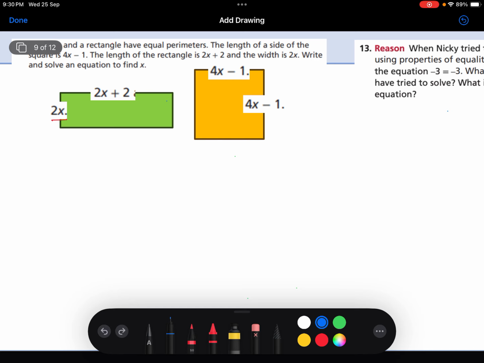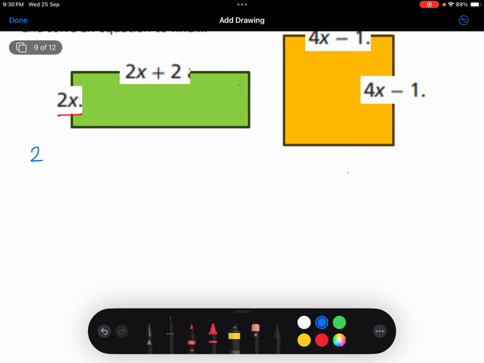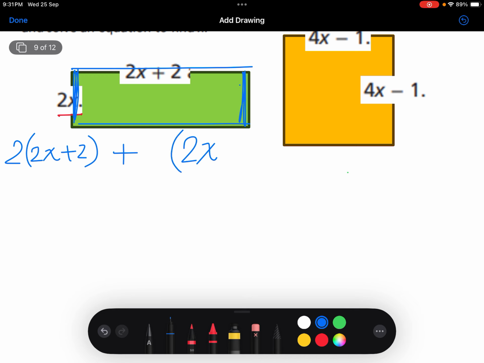Let's write it down. So 2x plus 2, 2 times, and 2x, 2 times.